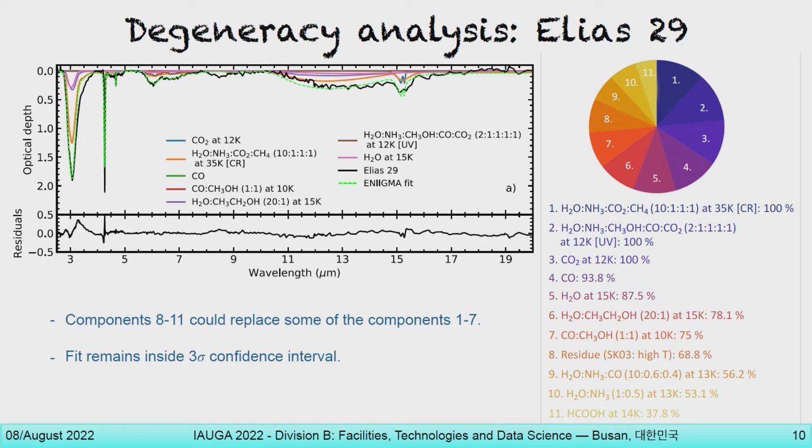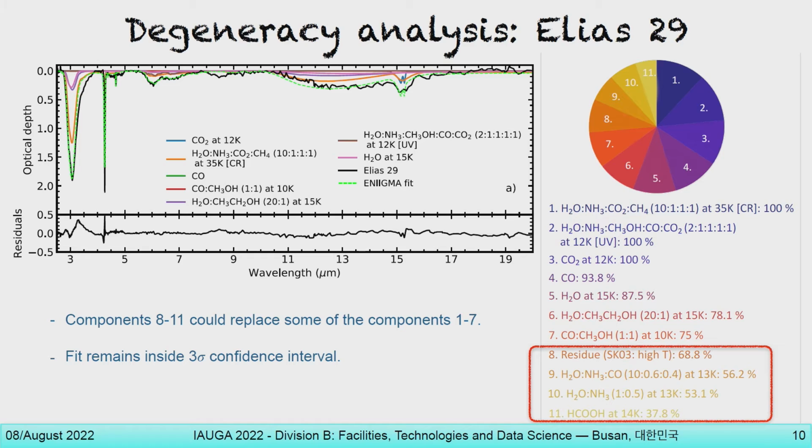But this number decreases if you go a little bit deeper, and then you get to the point where we may have some degeneracy. I just want to mention these 8 to 11 components that are not used for the best fit, but it means that one of these components could replace one of the previous components, and the fit is still inside the 3 sigma confidence interval.